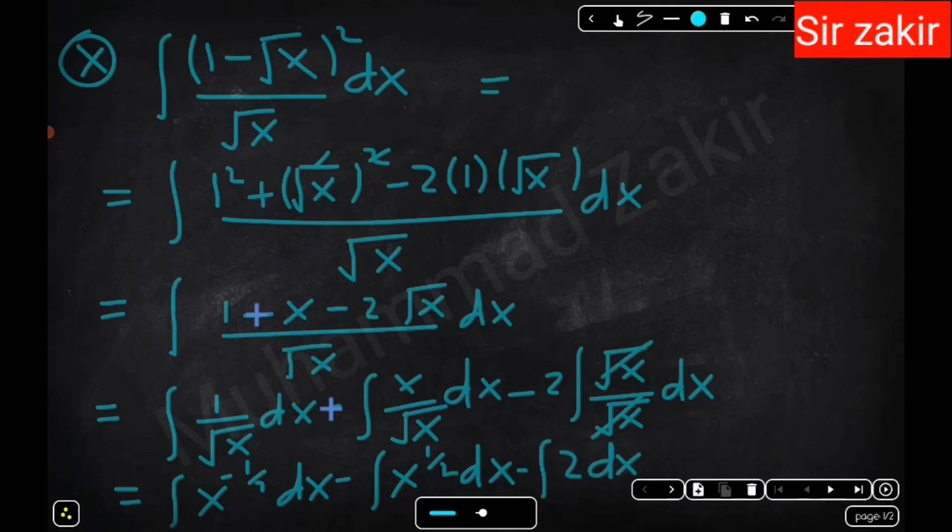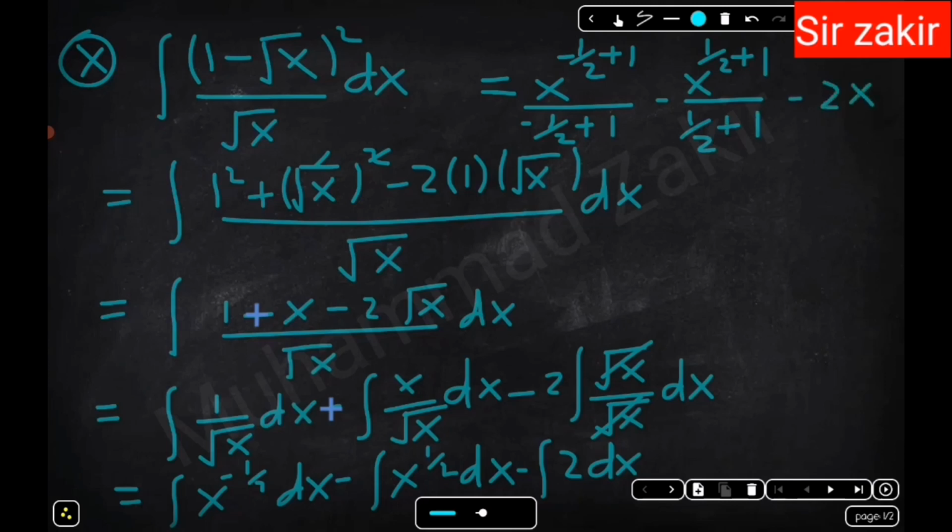So the power is minus 1 by 2, increased by 1, x power minus 1 by 2 plus 1, minus 2x, and then we have x power 1 by 2 divided by 1 by 2, which becomes 2. Here is x power 3 by 2 divided by 3 by 2. 3 by 2 in the denominator becomes 2 by 3, minus 2x plus c.